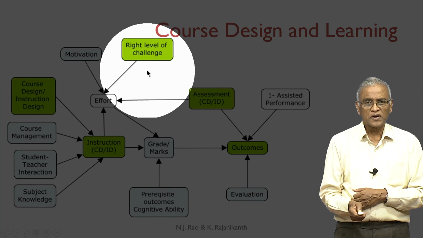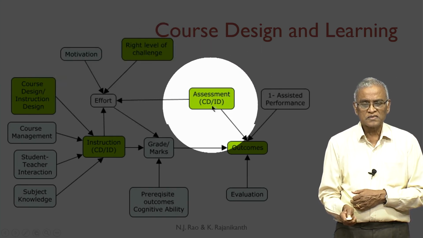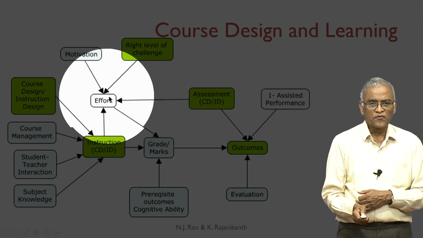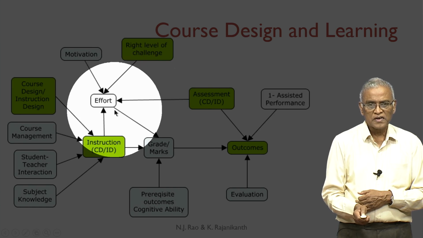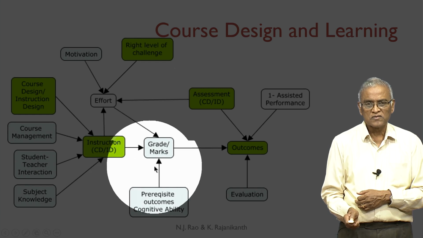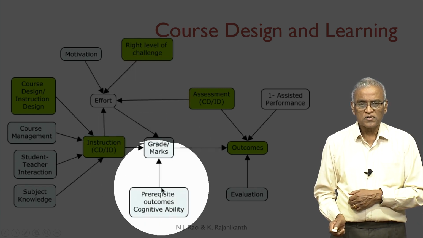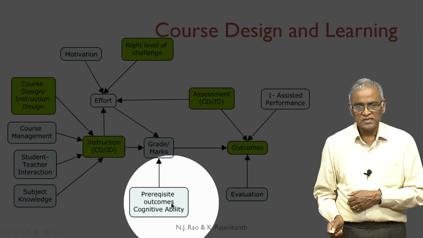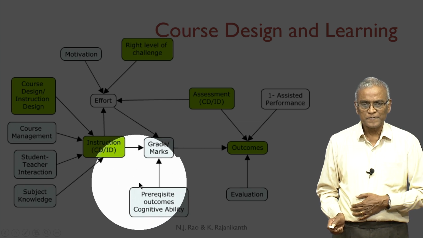Here, motivation, the right level of challenge and his perception of assessment will determine the effort that he is going to put in, and this effort and the instruction together will decide how many marks he will get. There is another factor. Does the student have the required prerequisite knowledge or prerequisite outcomes? Has he mastered that?